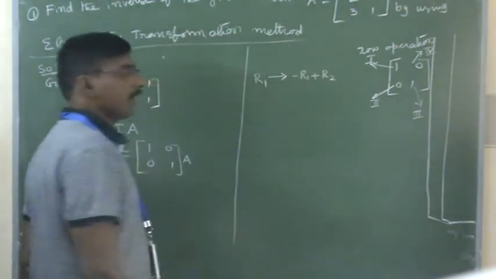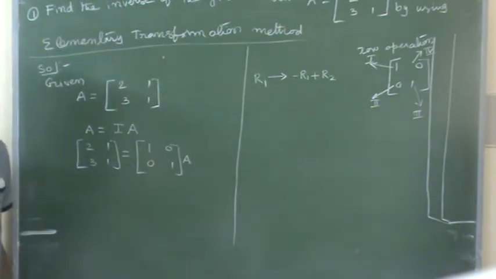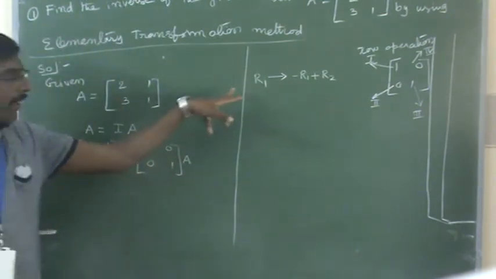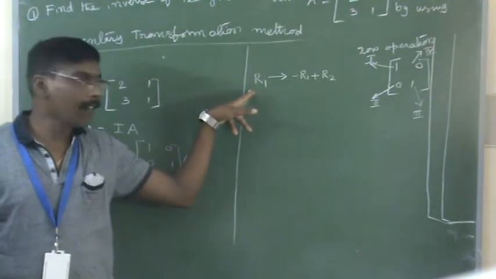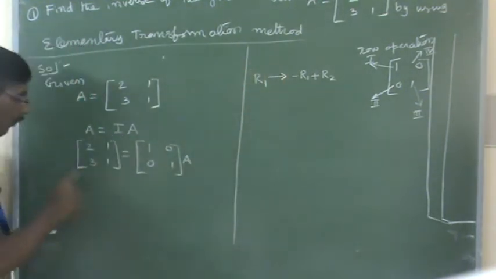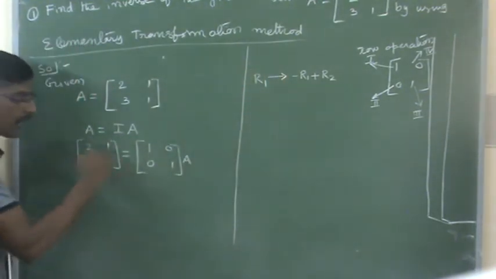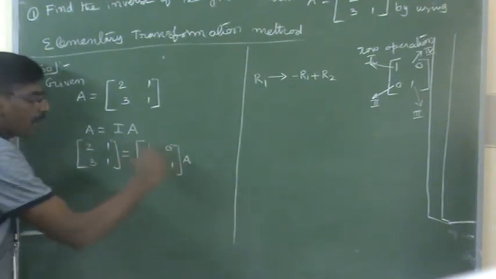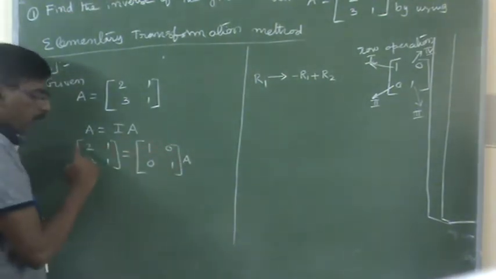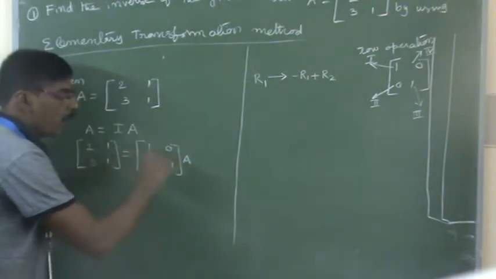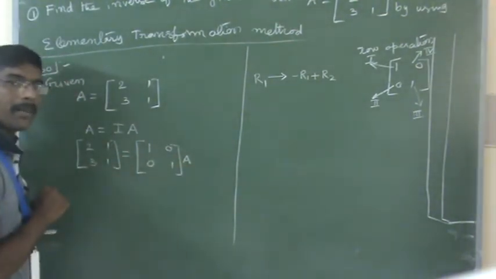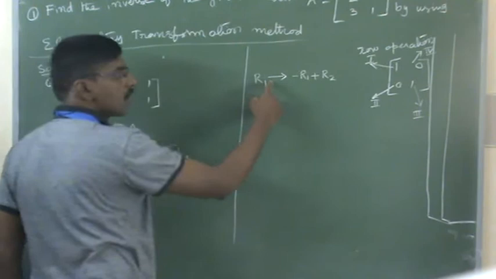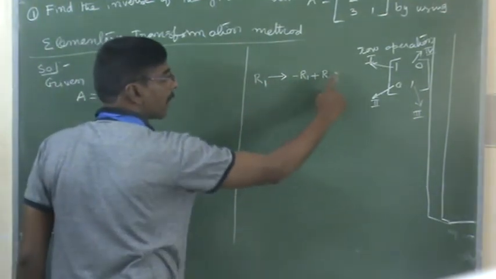Take it very clearly. This meaning is very clear: I am changing the entire row 1. Full row 1 changes, very, very important. What operation am I applying here? R1 tends to minus R1 plus R2.